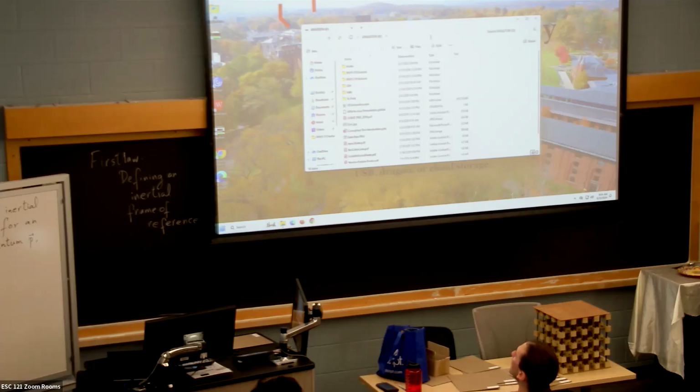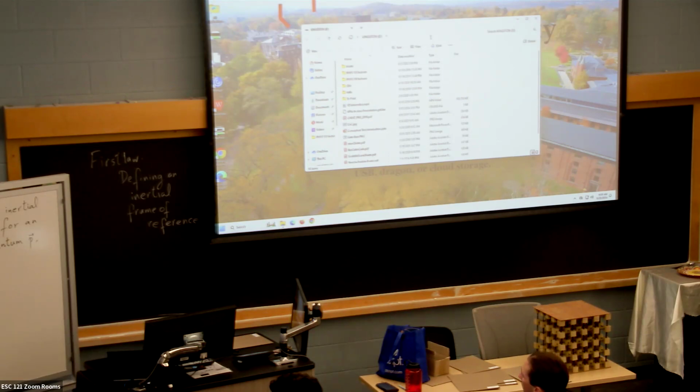Again, there are many ways to write the second law. This is just one way of framing it. But it basically says the net force acting on a system or on an object is equal to the rate of change of momentum of that object.